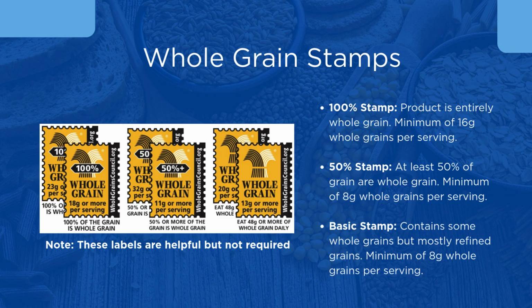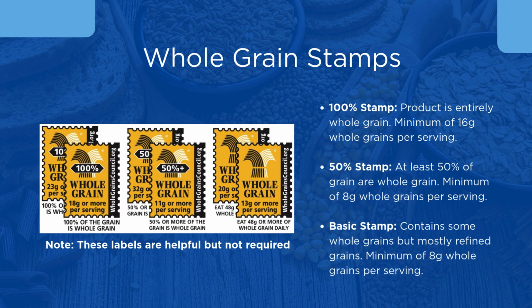Whole grain stamps. The Whole Grain Council added stamps that can help identify products containing whole grains, but they are optional. So, you can always check the ingredient list and the nutrition labels to ensure that you're getting a whole grain and how much.